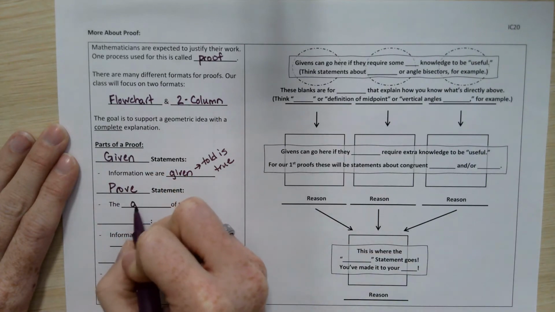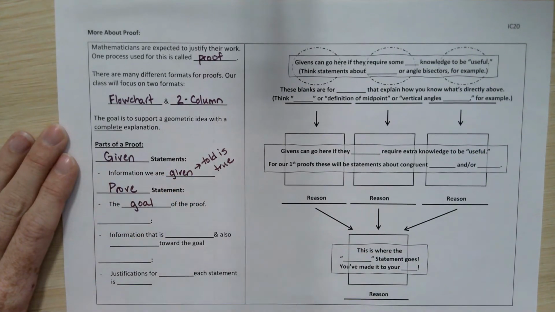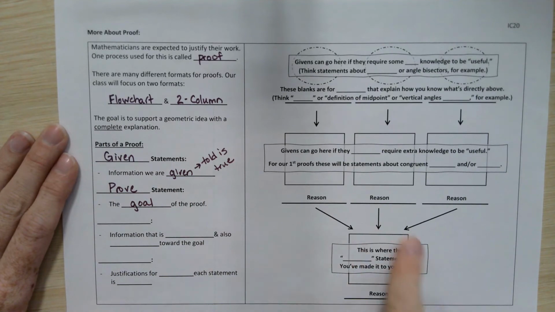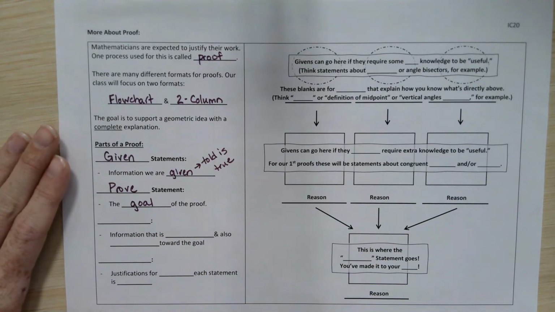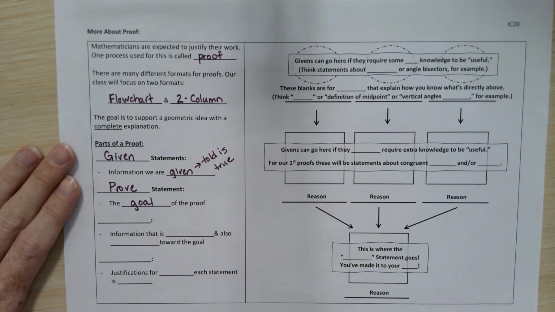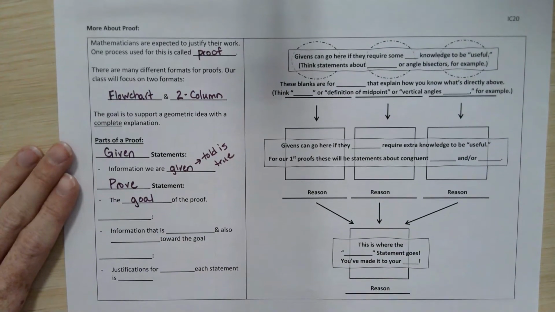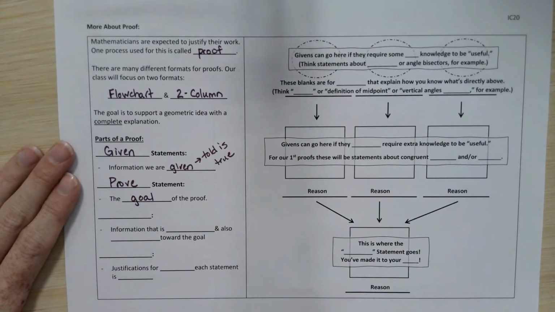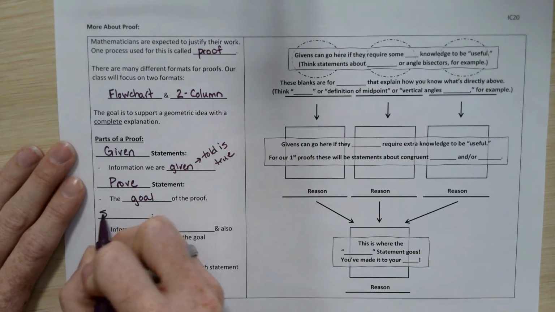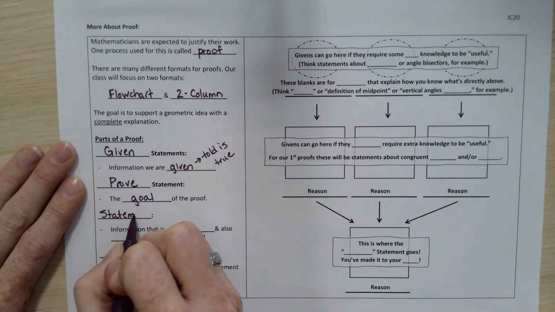That's going to be the goal of the proof. So that's going to be where we make it to at the end of all of the reasons, statements, argument, all of that. Okay. Then we have some other things available to us, okay? Some different pieces. We have what are called statements.